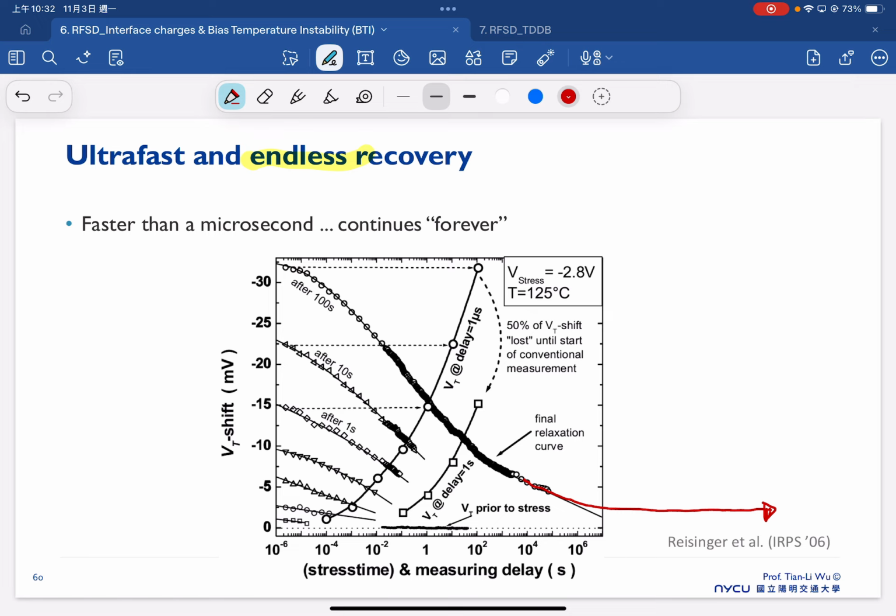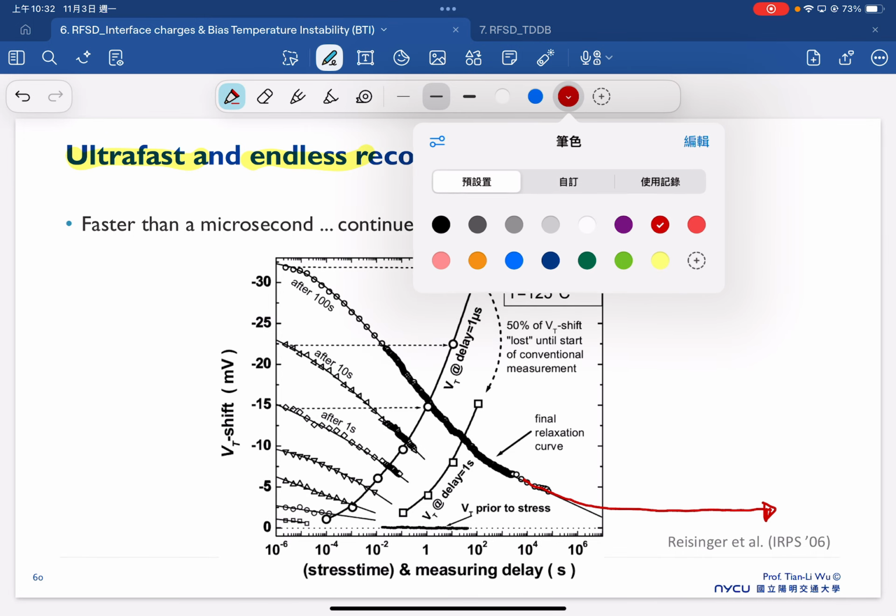But another issue is the ultra fast recovery. Ultra fast means that once we stop our bias, we already see an immediate recovery.